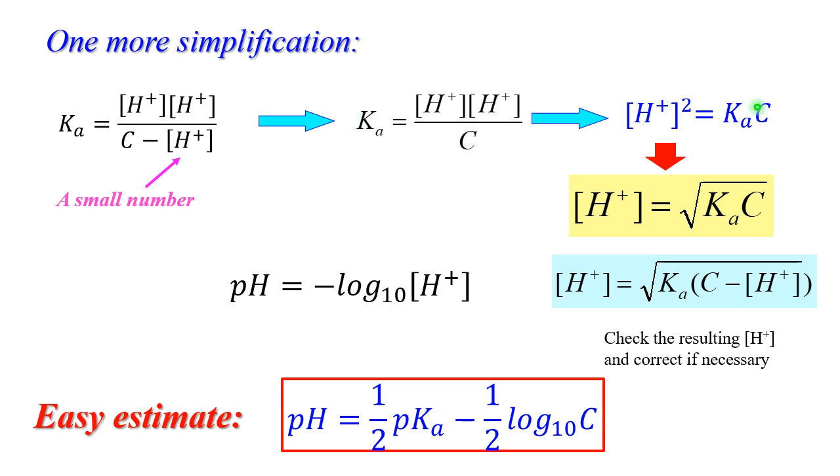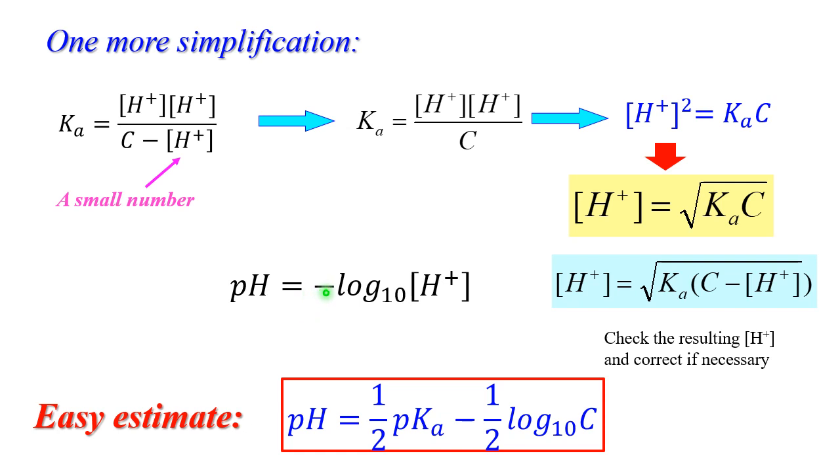Bringing C here, we have H plus squared is Ka multiplied by C, or taking the square root, H plus is the square root of Ka times C, of course the positive square root, because concentration must be positive. The exact equation would be like this. So we can plug our result into this equation and see if it's really much smaller than C. If H plus is much smaller than C, our result will be the same. We can correct it if necessary.